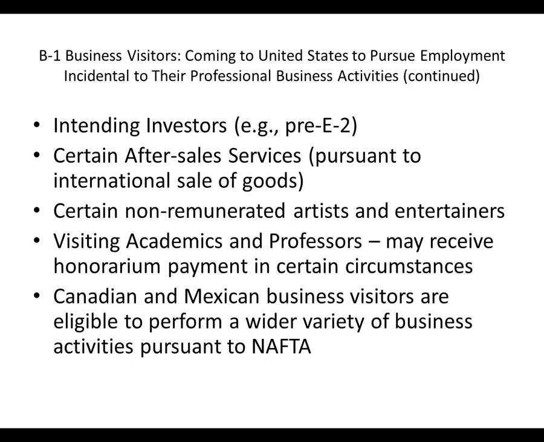And just in the interest of time, I won't spend as much going over some of these, but I will say at least some about, for example, the next few categories. Certain after-sales services.